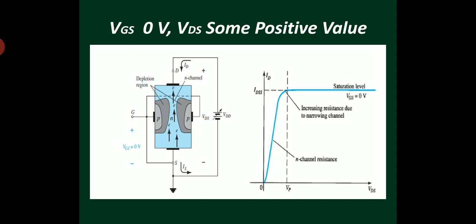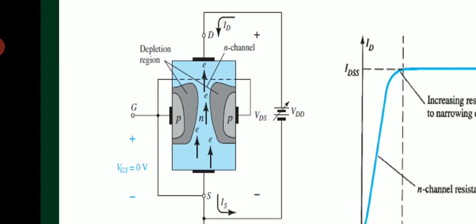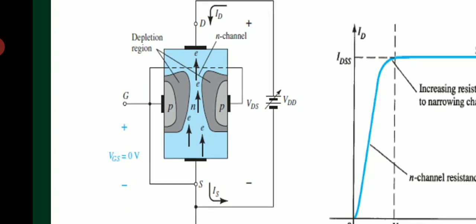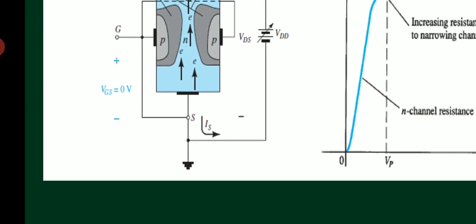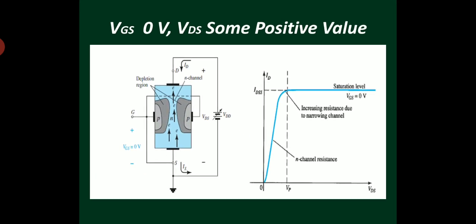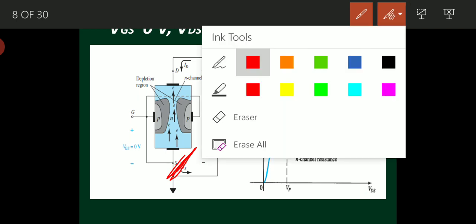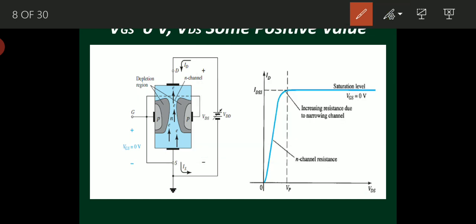The source terminal will get forward biased. Why? Because the source terminal is an n-type semiconductor substrate, so electrons are majority charge carriers here. And I am applying VDS here.